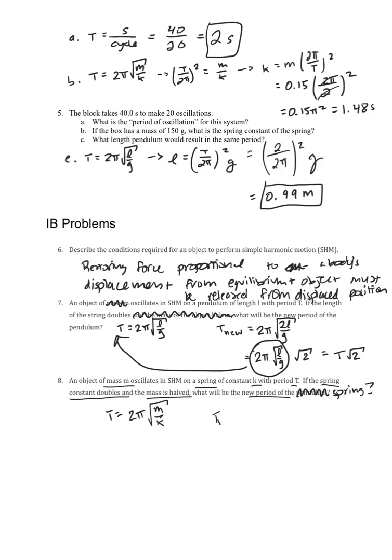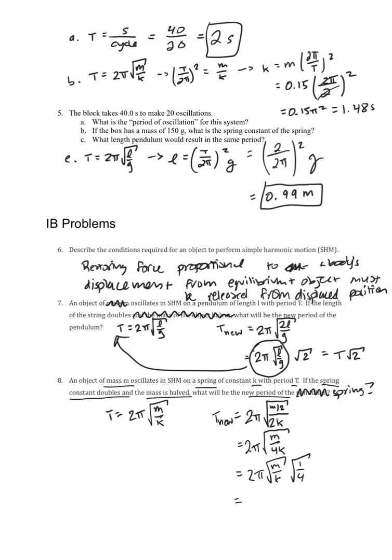Our new spring is going to have a new period equal to 2 pi times the square root of its mass, which is m over 2, divided by its spring constant, which is 2k. We can rewrite this as 2 pi times the square root of m over 4k, or 2 pi times the square root of m over k times the square root of 1 over 4.